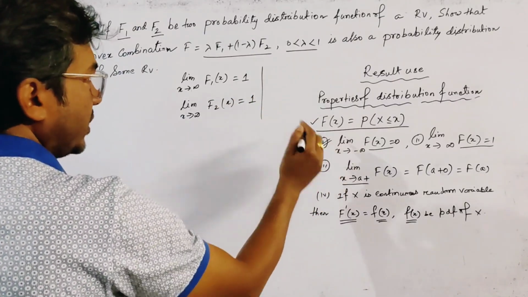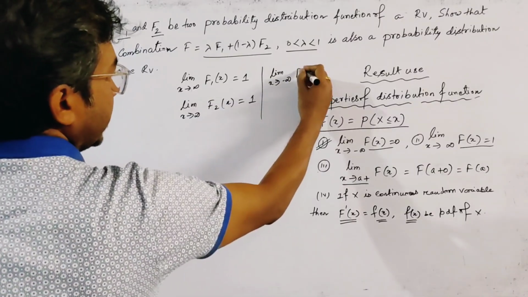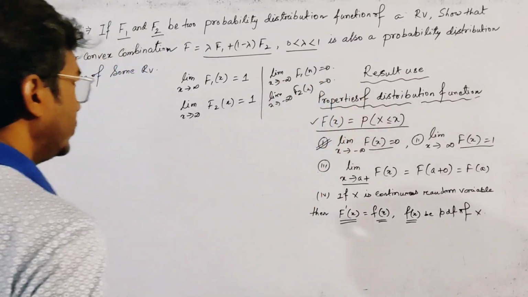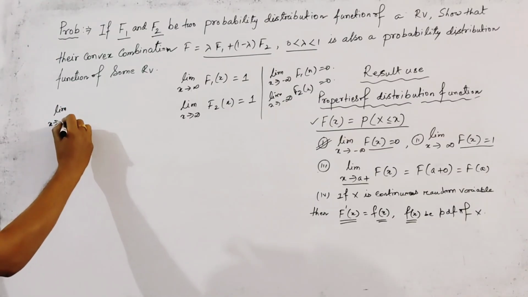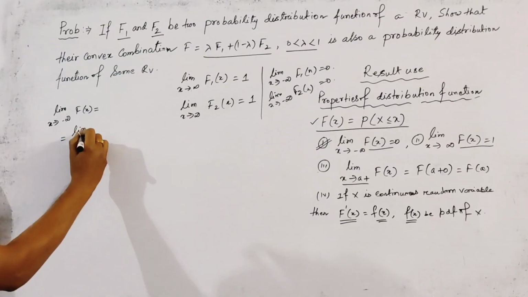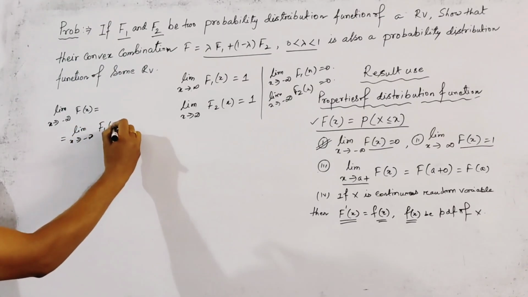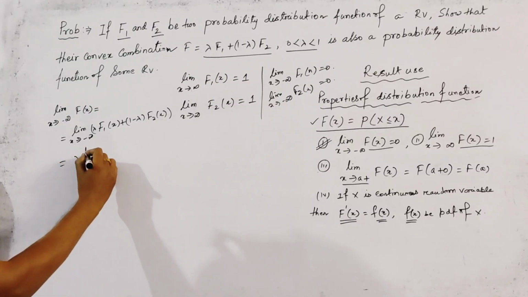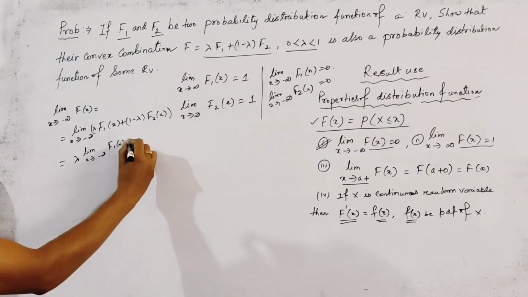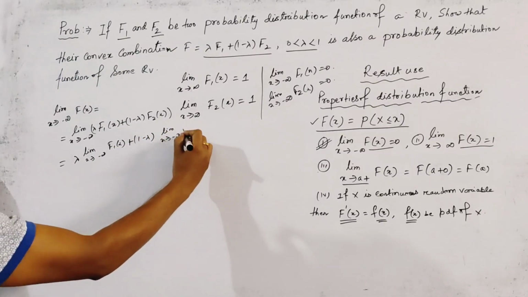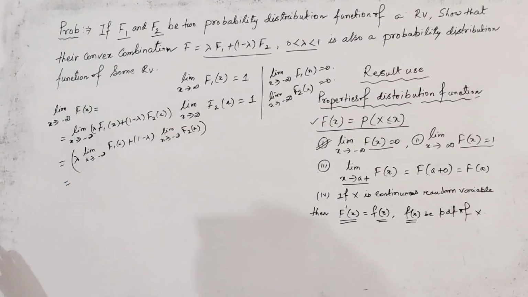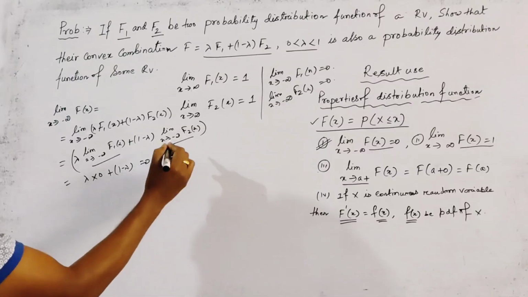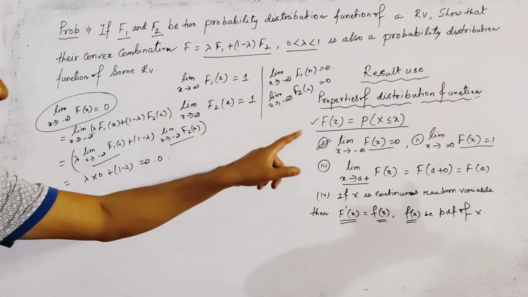Also by the first property, limit x tends to minus infinity of F1(x) is 0, and of F2(x) is also 0. Now limit x tends to minus infinity of F(x) is the limit of lambda F1(x) plus (1 minus lambda) F2(x), which is lambda times the limit of F1(x) plus (1 minus lambda) times the limit of F2(x). Putting in the values, we get lambda into 0 plus (1 minus lambda) into 0.